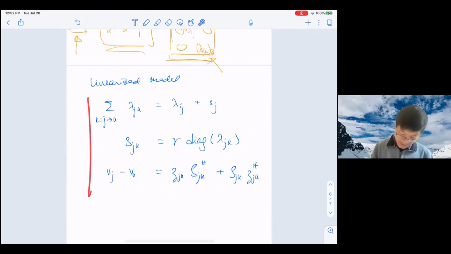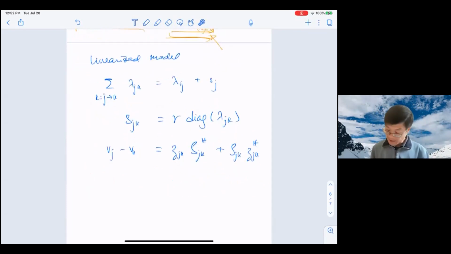Okay, so I'll stop here. This is the linearized model, and you can also write down explicit solutions just like in the single phase. Almost all the nice properties of the linearized model for single phase, many of them will generalize to the three-phase case.